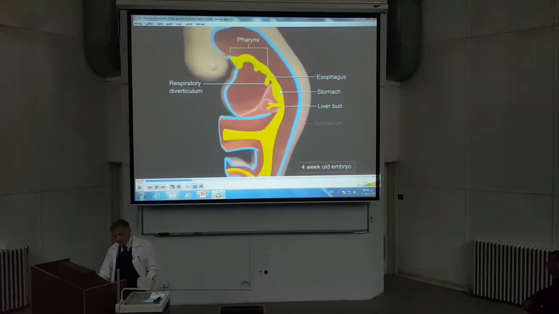The tube in the area of the stomach is going to dilate. Then this is the vitelline duct, and the yolk sac is going to be here.